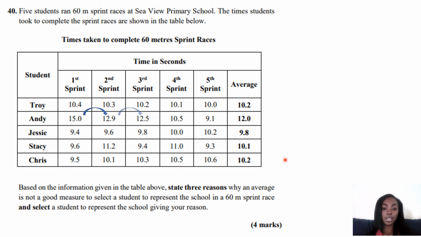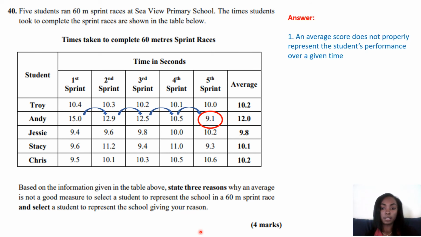So far, Andy had a really good progression. He went from 15 to 12.9, then to 12.5, then 10.5, then 9.1. 9.1, if we think about it, as we look through this table, is the shortest time that we have seen. So what does that mean? In terms of our answer, it says to state 3 reasons why an average is not a good measure.